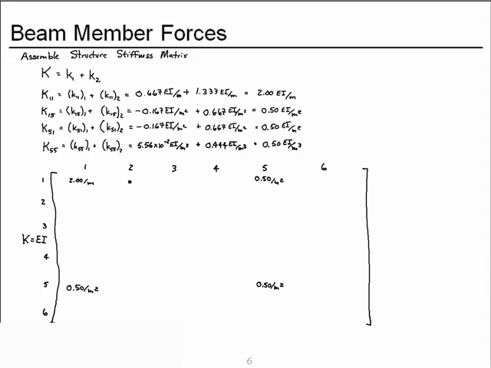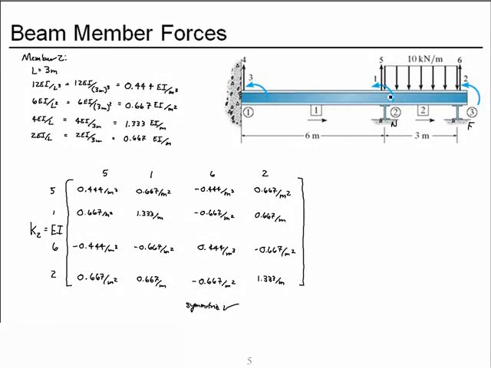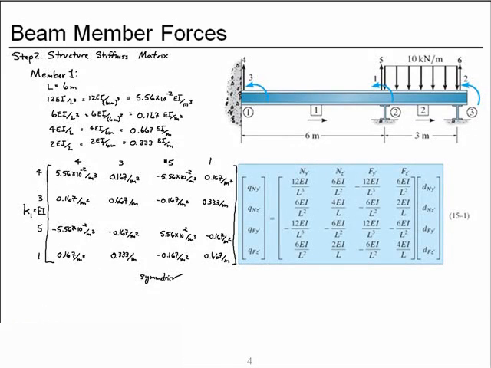Now for all the other terms. For row 1, column 2, only member 2 connects these two degrees of freedom. So member 1 won't contribute anything, as evidenced by the degrees of freedom shown here.